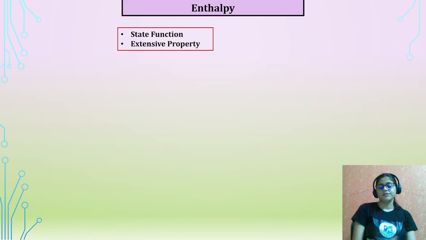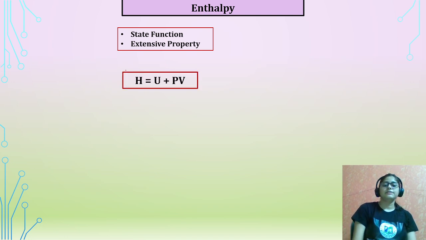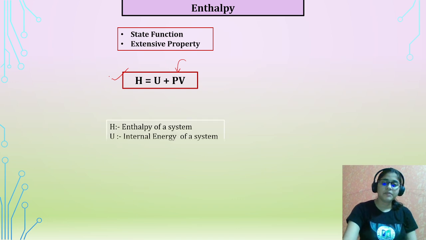Okay. Now coming to the enthalpy, which I was talking about, it is a state function and also an extensive property, and this is important. So when in a system PV mechanical work is done on the system, the PV mechanical work plus the internal energy of the system is called the enthalpy of the system, right?